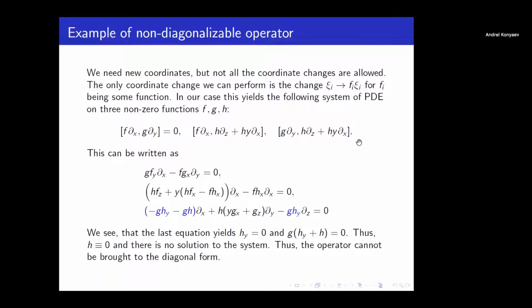But to start from this example, we see that this example gives us an idea of what we want. We want to characterize the collections of vector fields which can be made commutative if you multiply them by functions.